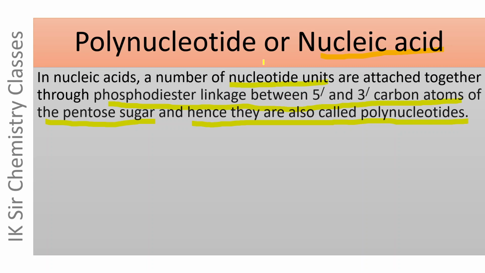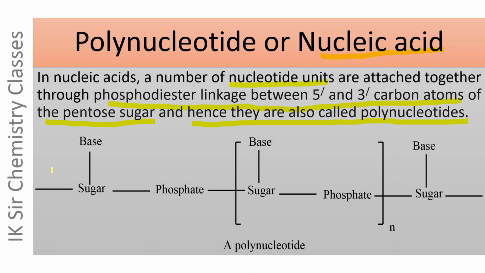Polynucleotides, that is nucleic acids, are long chain polymers of nucleotides in which nucleotide units are attached together by phosphodiester linkage between 5' and 3' carbon atoms of the pentose sugar. It can be represented as follows.